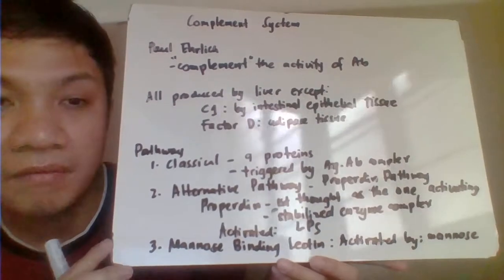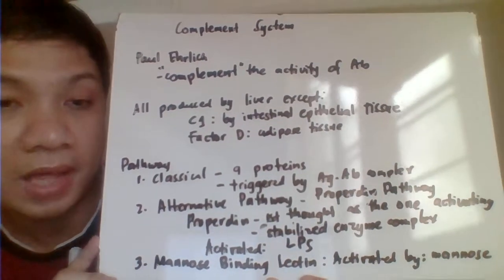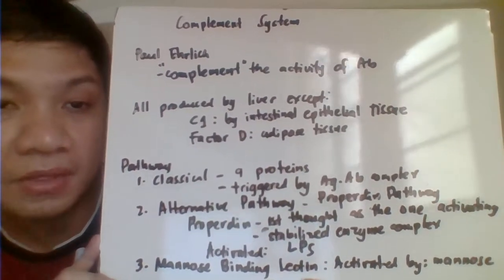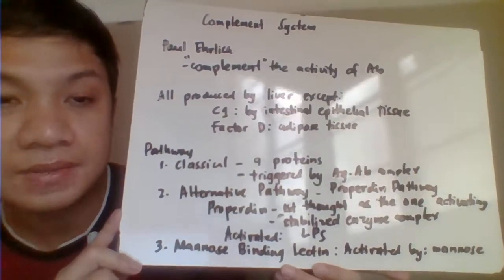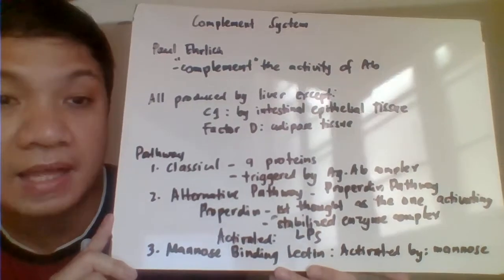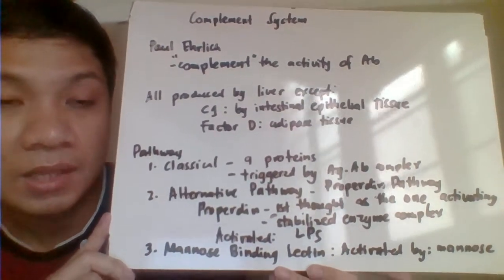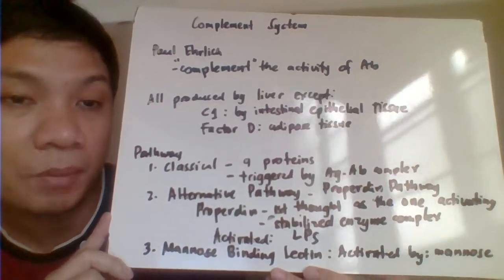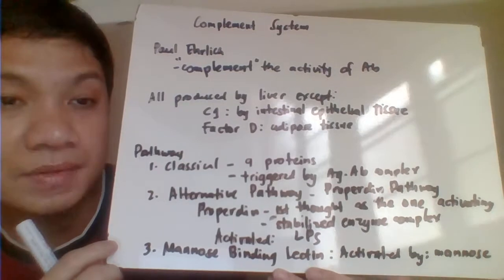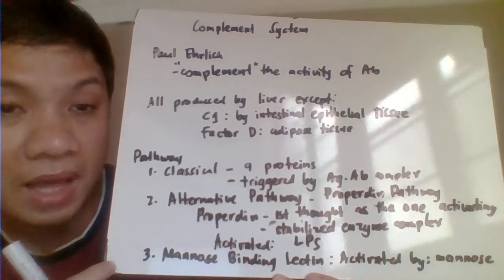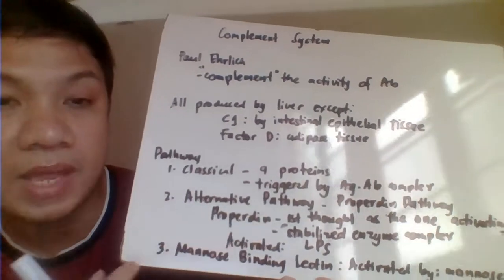The second one is your alternative pathway, or the properdin pathway. Before, they thought that the properdin is responsible for the activation of our alternative pathway. It was later found out that the properdin is responsible for stabilizing the enzyme complex, especially your C3 convertase of this pathway.